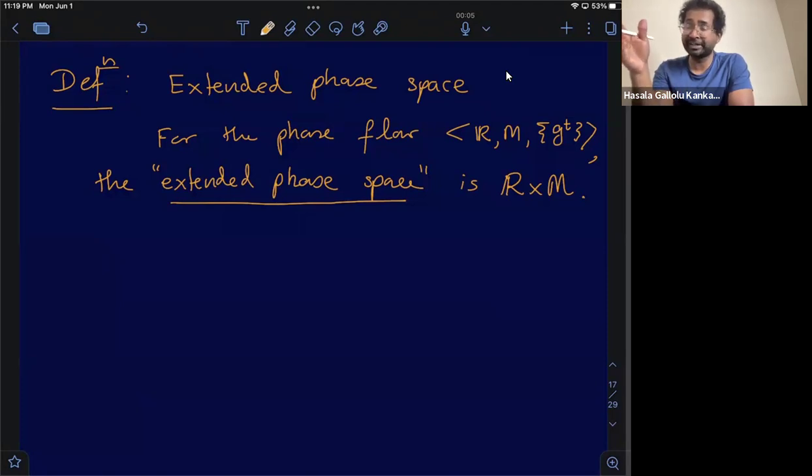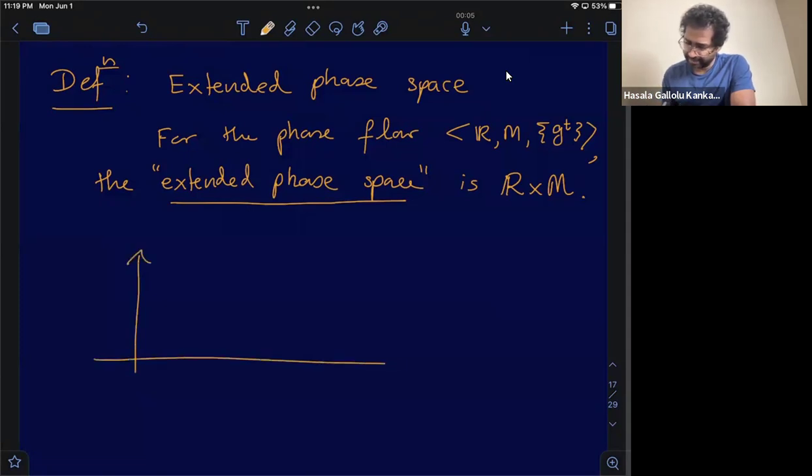So we got to know motion through a given point, right? So because of that, the simple idea is for each and every time you can have one slice of M. So one quick example.